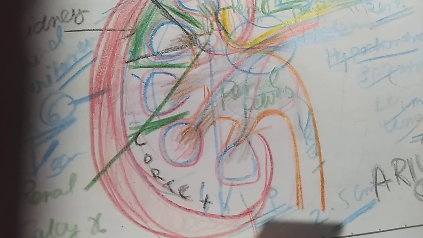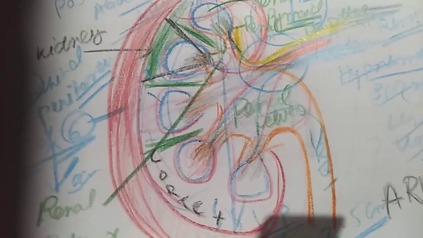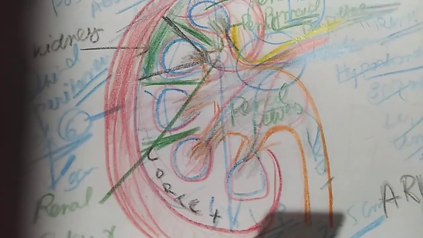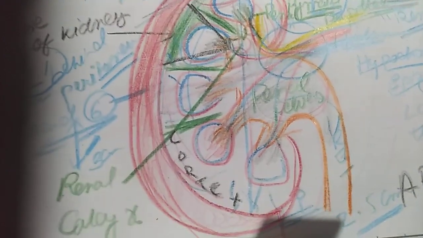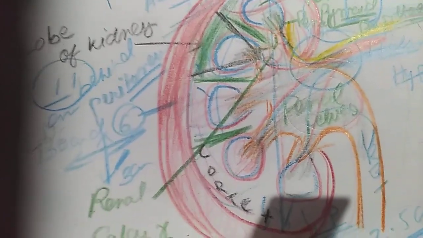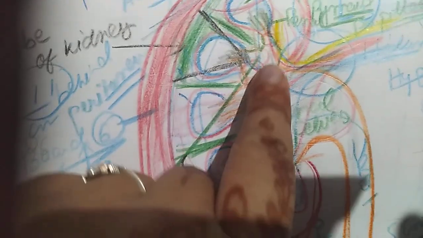So when we talk about the kidney, we have the outer cortex, then the inner medulla. The medulla consists of conical shaped structures called renal pyramids. From the renal pyramids we have the extended apical parts called renal papilla.